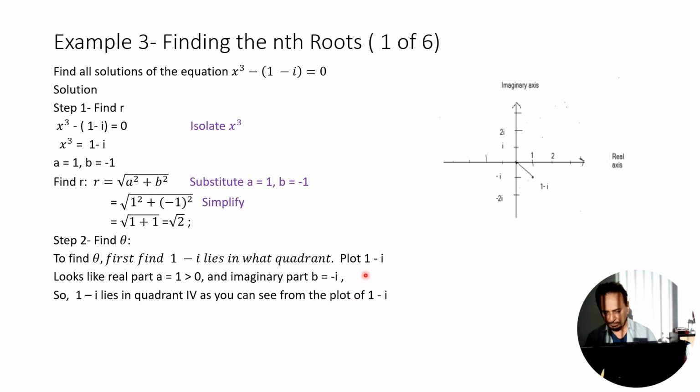Now 1 is the real part, so 1 is positive, so you go 1 unit to the right on the real axis. Since it is negative i, you go 1 unit down on the imaginary axis, plot the point, and connect it with the origin through dotted lines. Now you can see this complex number lies in quadrant 4.